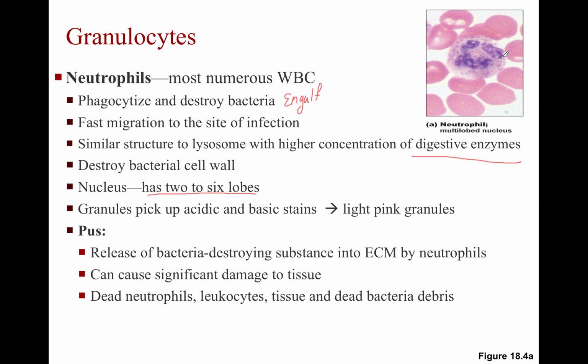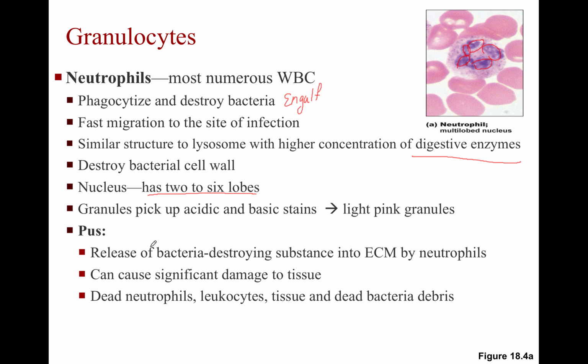So if you take a look at this, you have 1, 2, 3, 4, and then one right here. These are 5 lobes of nucleus. Typically, as the neutrophils get older, the number of lobes of the nucleus also increases.